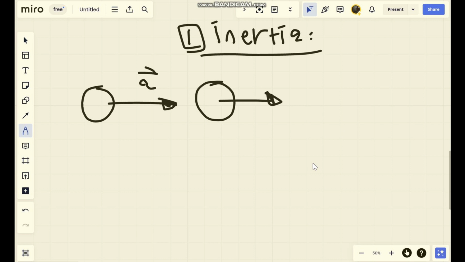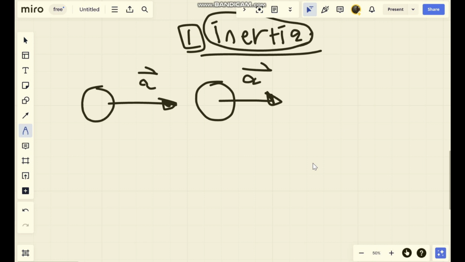It will stay in motion. And why is because it has kinetic energy, or in other words, it has inertia. It has momentum. And inertia is a property of matter. Inertia is a really important thing, and there are a lot of applications of it in real life, in engineering, and other stuff.